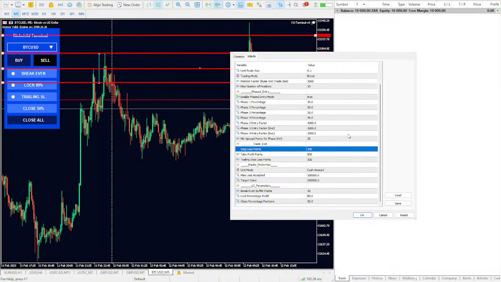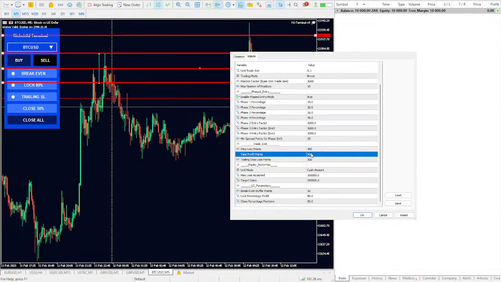All right, so in points, 300 points, and I'll show you how you can measure your points for you to set your stop loss and your take profit nicely. Right, so take profit in points 900, you can put it there depending on how much space you want between your take profit and your entry point.